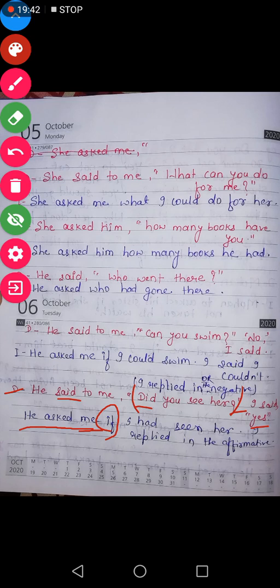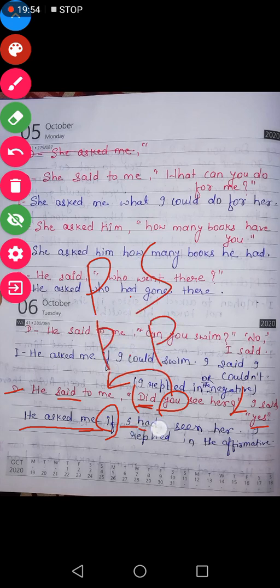So did you see her? You is which person? Second person, according to the object, I. Did is which tense? Past simple. It will be changed into past perfect, the helping verb had will be used. So if I had seen her, up to here everything is clear, and then I said yes will be written as I replied in the affirmative.